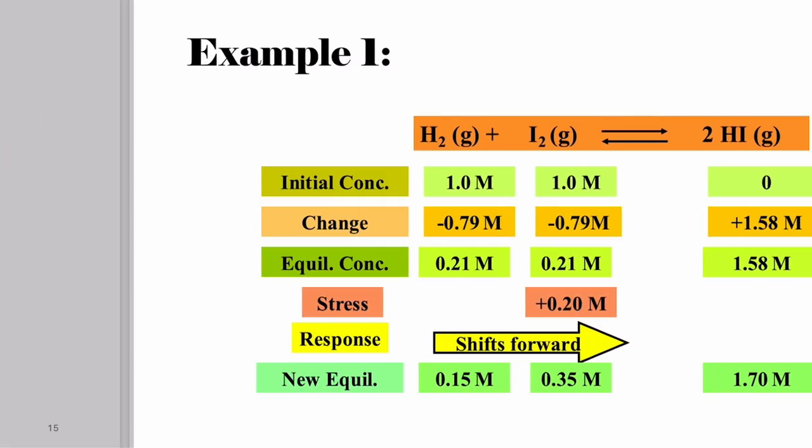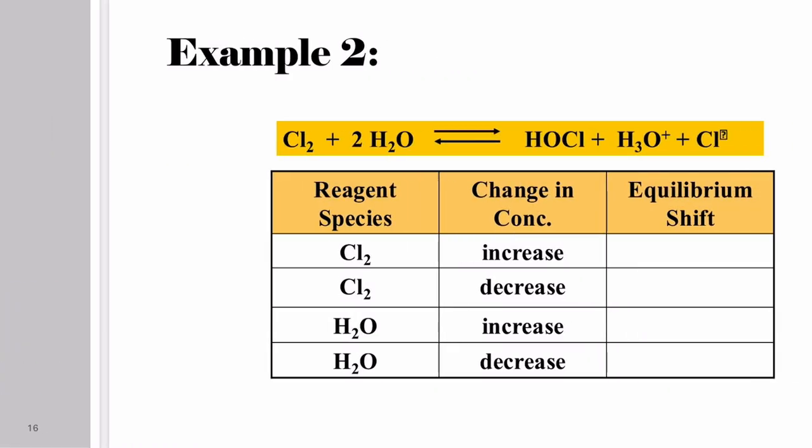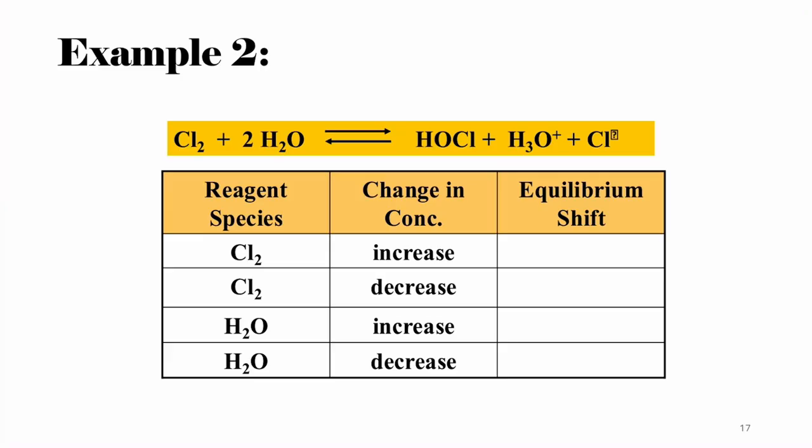All right, so here we have an example, and we'll go through something like this first. We have our reactants and our products here, and we'll see if we can predict the direction of the shift. If we have an increase in concentration of Cl2, which direction is the reaction going to shift?